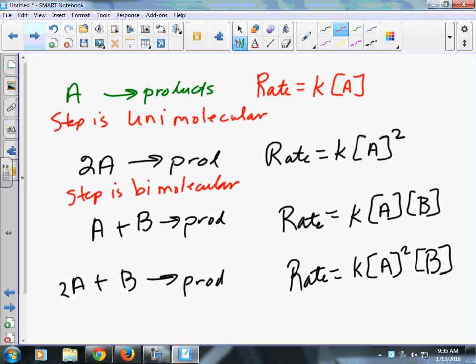What about this one? Bimolecular. And what about this one? Yeah, instead of tri, chemistry uses ter, organic chemistry especially. This is called termolecular. Ter and tri mean the same thing.